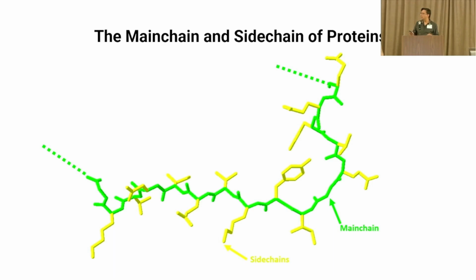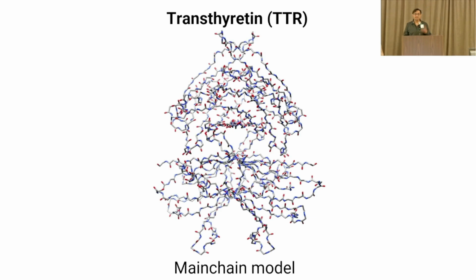Here, I've taken the transthyretin molecule and deleted all of the side chains. So this is just the main chain. It's called the main chain model. It's basically like the skeleton of the transthyretin model, when it's in its normal, natural, native state.